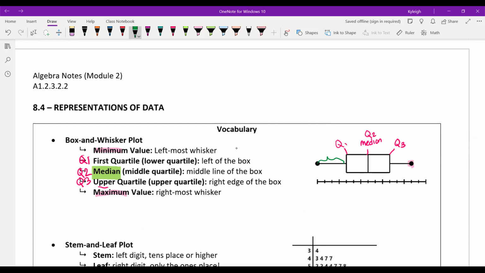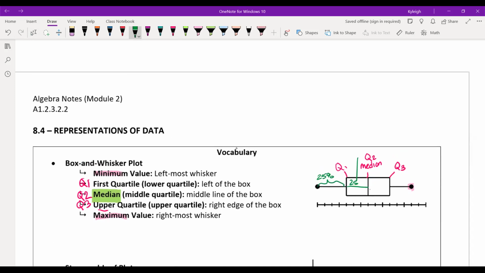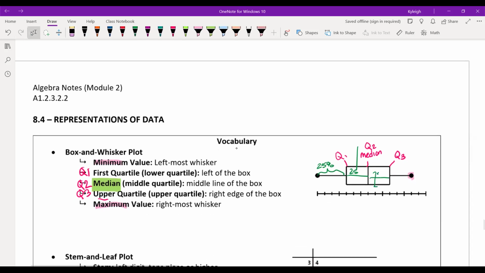Well, there's 4 sections, so each part is worth 25%. So from the minimum to Q1 is 25. From Q1 to the middle is 25. From the middle to Q3 is 25. And from Q3 to the maximum is 25% of the data. So keep that in mind.